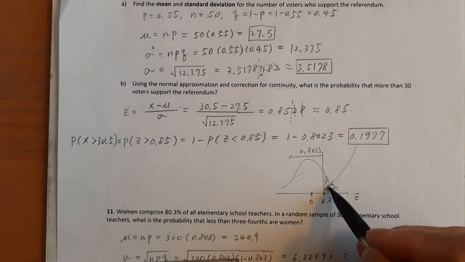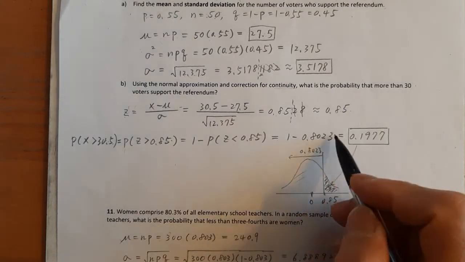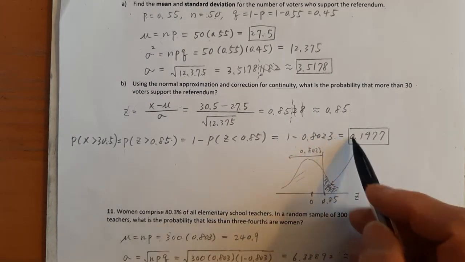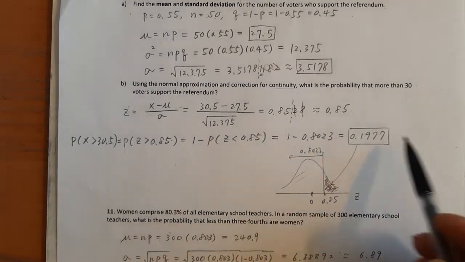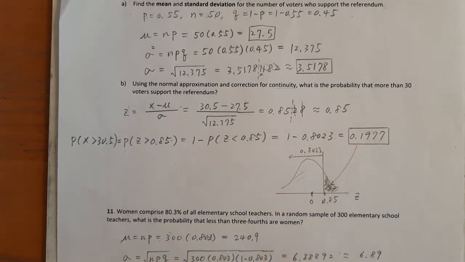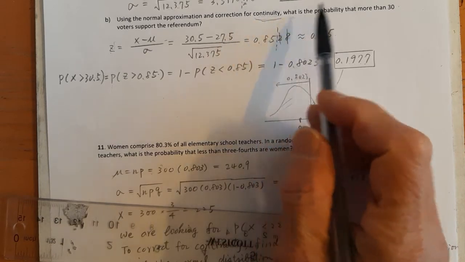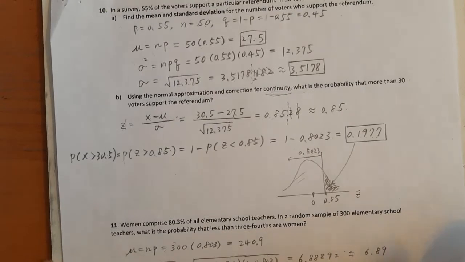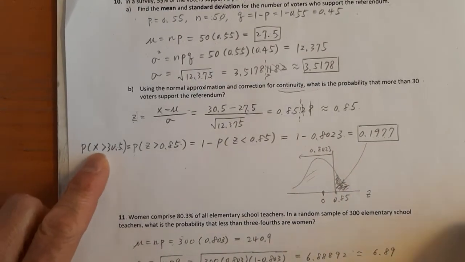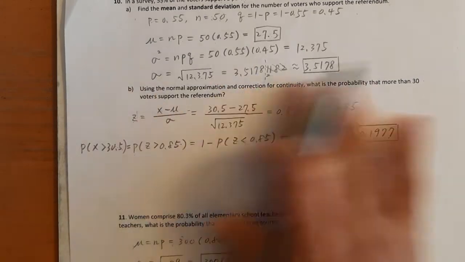And we are looking for the right, greater than, so it's 1 minus 0.8023, which is 19.77%. So you have to consider the continuity: looking for more than 30, you figure out x is more than 30.5.